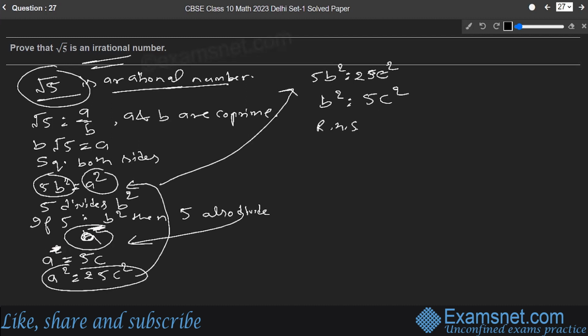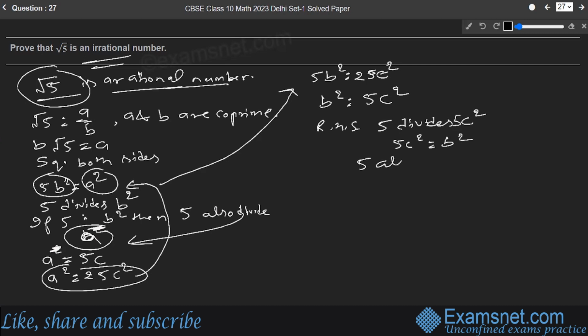On the right hand side, 5 divides 5c square, and 5c square is equal to b square.